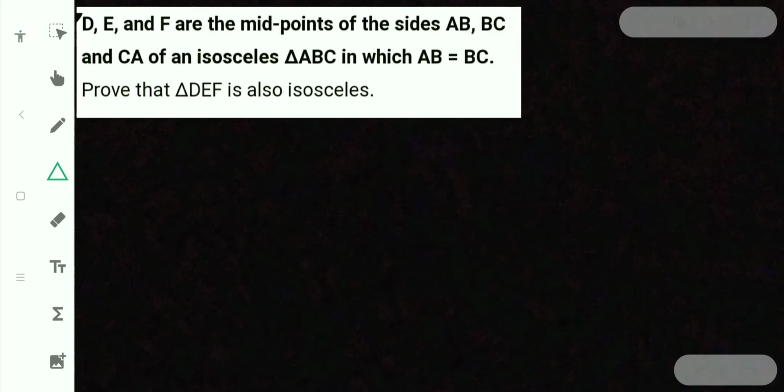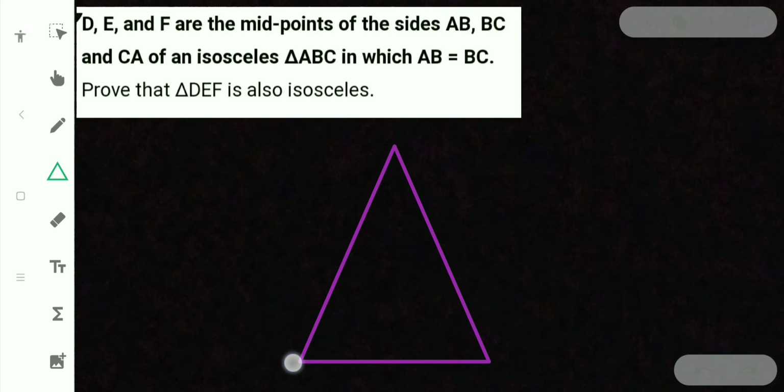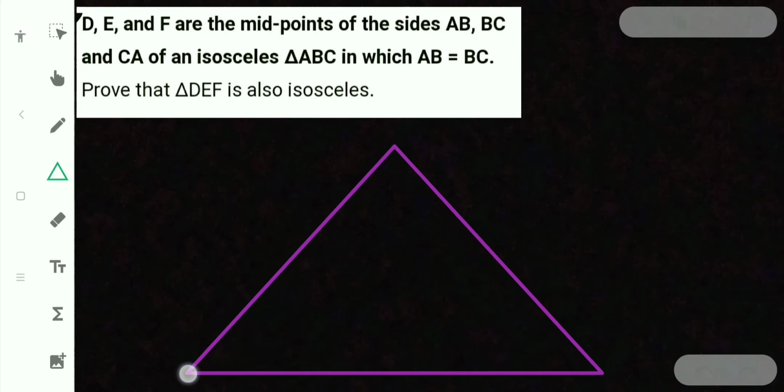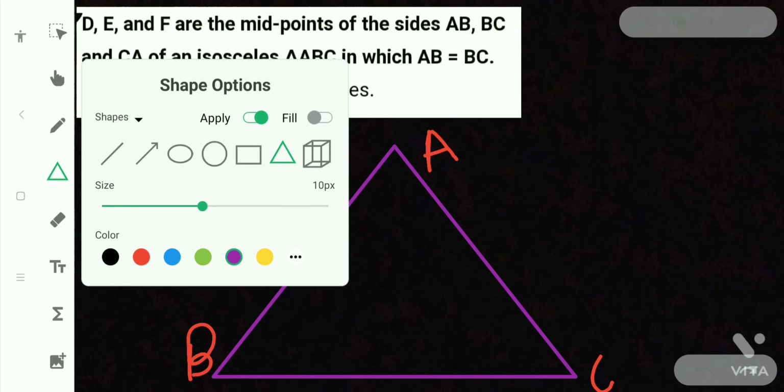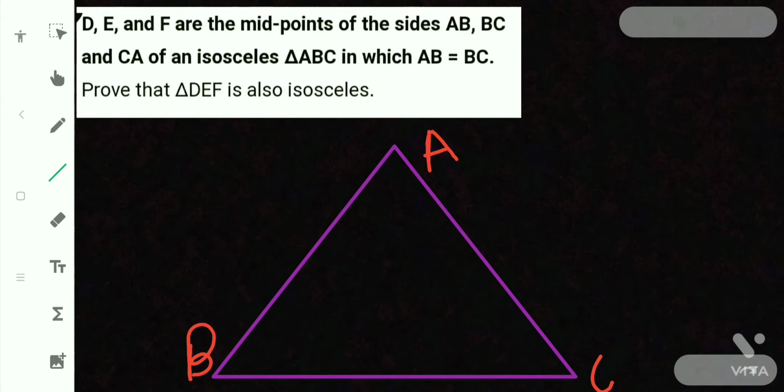So I am drawing a triangle over here. So this is a triangle and they said to name it as ABC. A, B and C. And D, E, F are midpoints of sides.